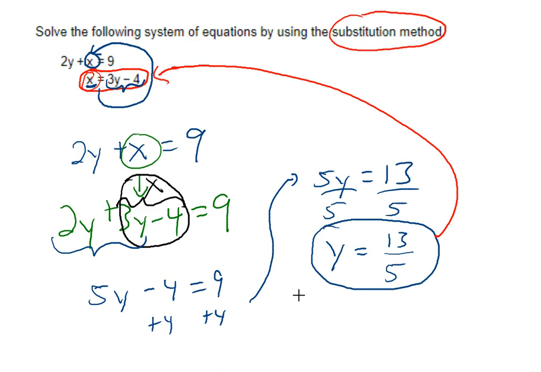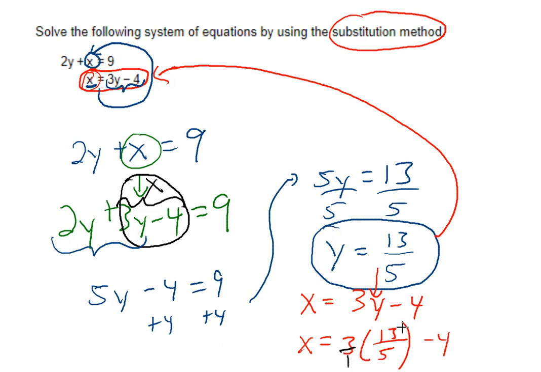So I'm going to take that second equation, x equals 3y minus 4, and in place of y, I'm going to plug in 13/5. So I get x equals 3 times 13/5 minus 4. And then I simplify that, and I'll find my x value. So think of this as 3 over 1. Multiply across.